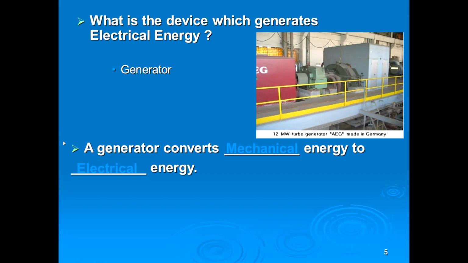Sir, what happens when you convert water into steam? To convert water into steam, you need to heat the water. So for heating, I'm burning the coal in the presence of air. Then water is converted into steam.